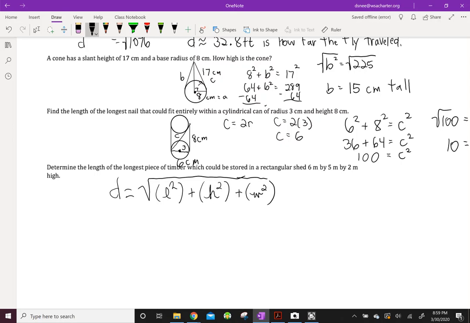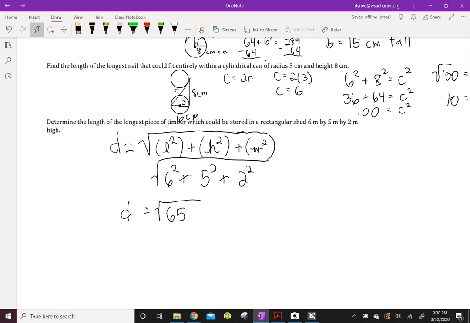Okay, length is 6, height is 5, and width is 2, all squared. And so 36 plus 25 is 61, plus 4 more is 65, so the square root of 65 is equal to d. So the diagonal is going to be just a little more than 8, because 8 times 8 is 64.